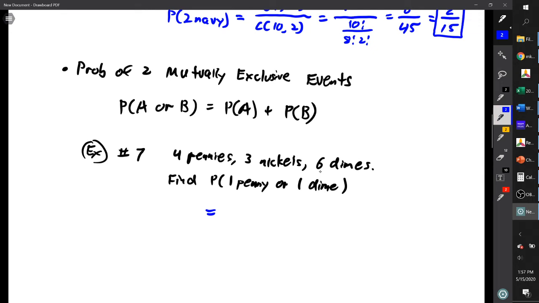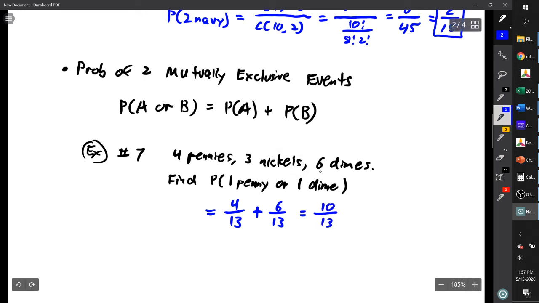There are 4 pennies out of a total of, say, 4, 5, 7, 13, right? So you have a 4/13 chance of drawing a penny, and then you have a dime, 6/13 chance of drawing a dime. So therefore, the probability that you pull a penny or a dime is 10/13.